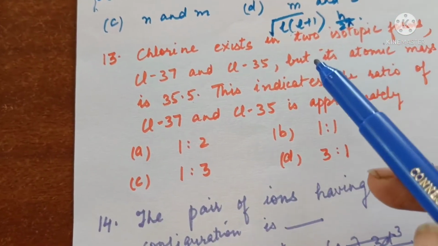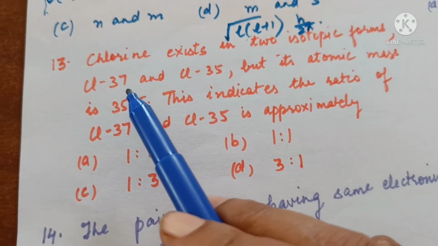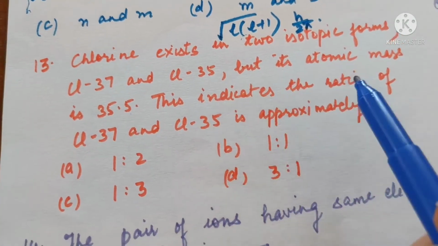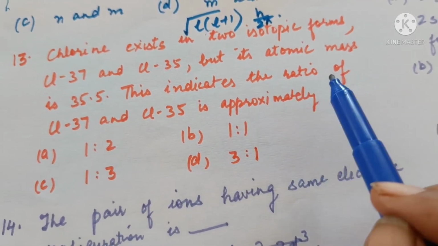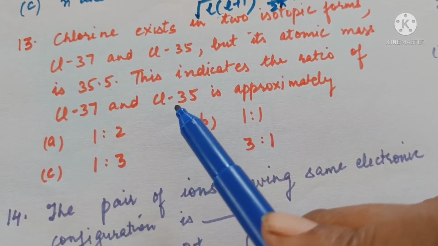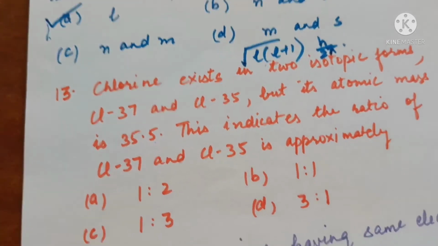13th question. Chlorine exists in two isotopic forms, Cl37 and Cl35, but its atomic mass is 35.5. This indicates the ratio of Cl37 and Cl35 as approximately?